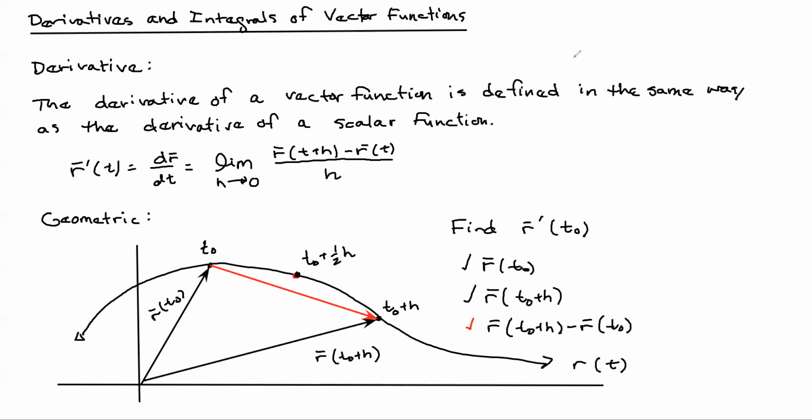Okay, and if you plug that into your vector function, you're going to end up with this vector here. Okay, and then if we subtract those two, we're going to end up getting this vector. However, now I am going to take into account the fact that we took h and made it half the size.